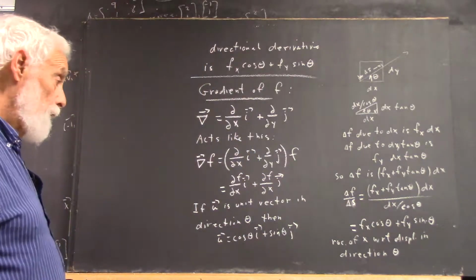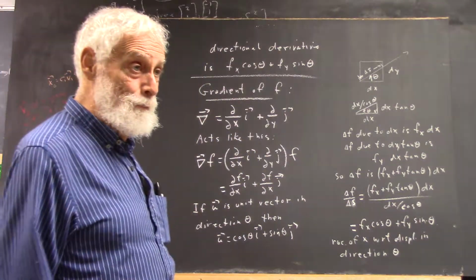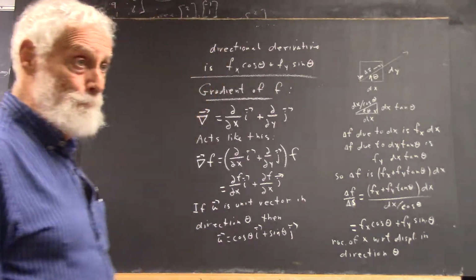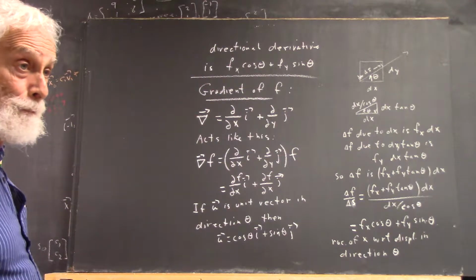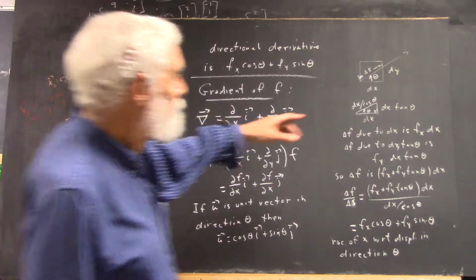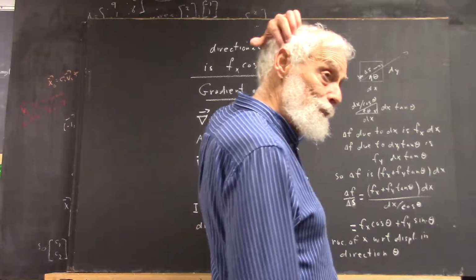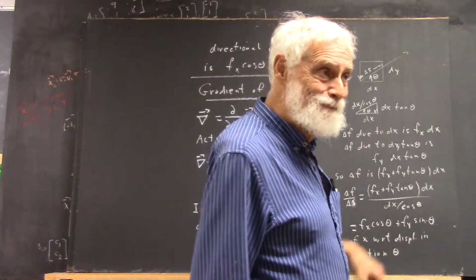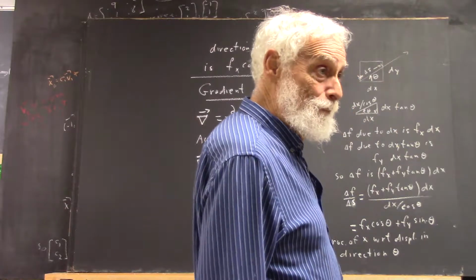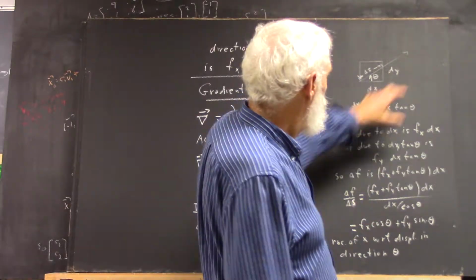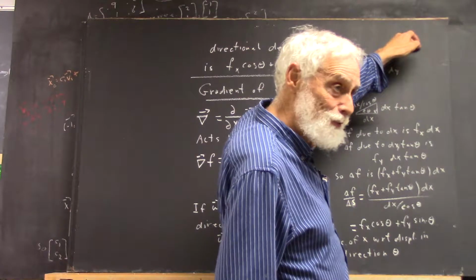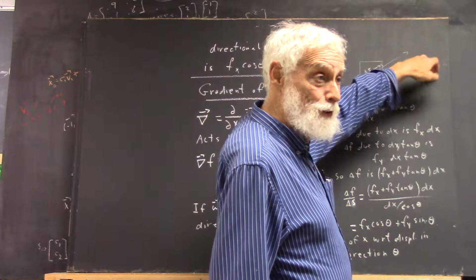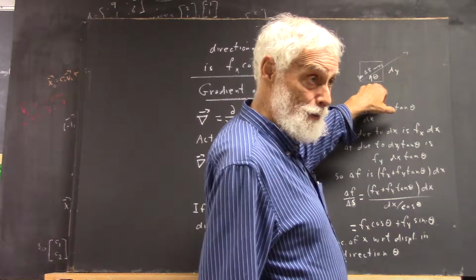Well, u is cosine theta i plus sine theta j. Something which, if you haven't previously grasped, you need to ponder. But it's pretty obvious, okay? I mean, in direction theta, the ratio of the y to the x component is tangent theta, right? Or the ratio of the y component to the distance along the vector, or the length of the vector, is just sine theta, and this one is cosine theta, right?